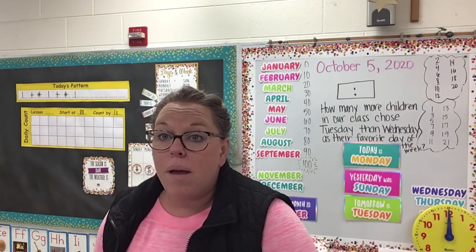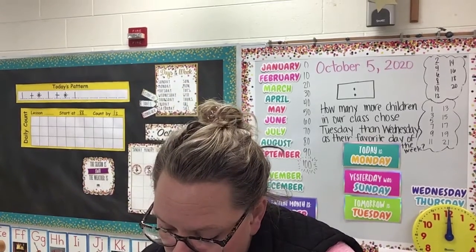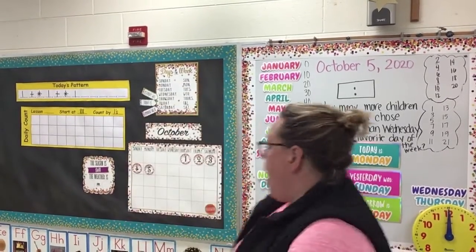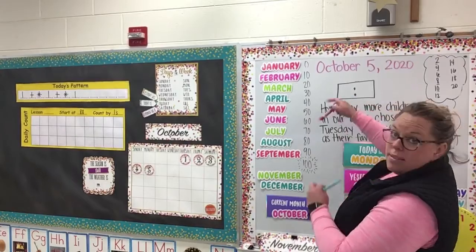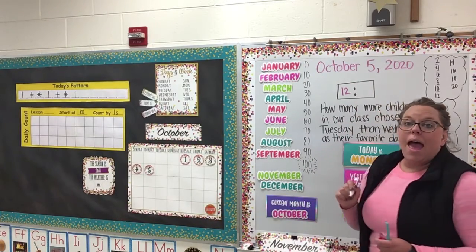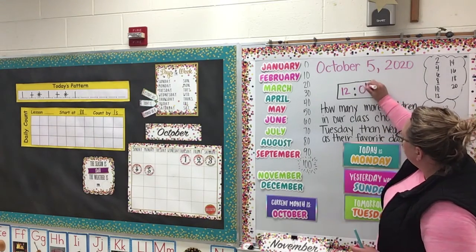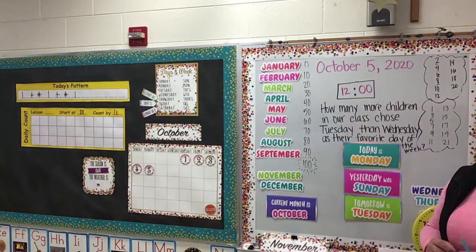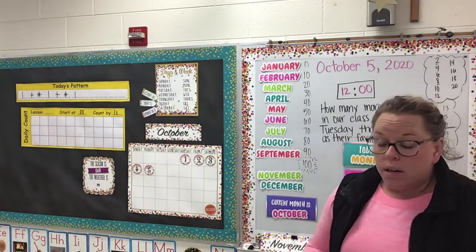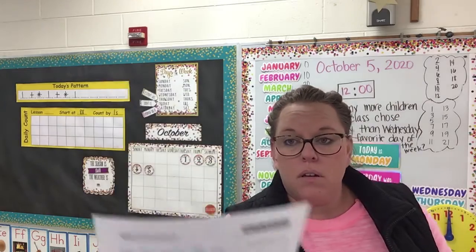Well, my hour goes on the left, so that needs to say 12. And if it's o'clock, I put 2 zeros over there. So your sheet needs to look like my sheet. It should say 12 o'clock.